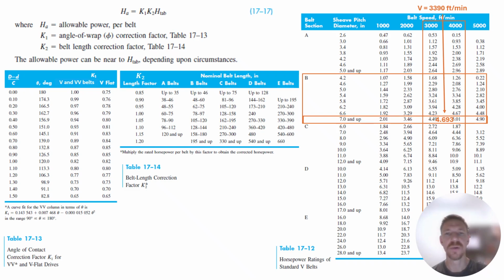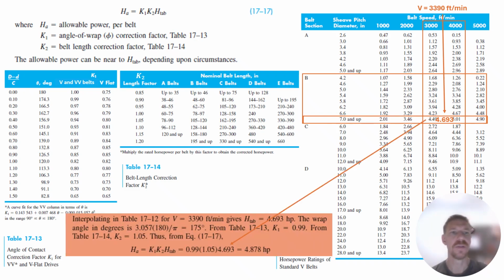Do that interpolation. Now we're ready to obtain the value for K2, the belt length correction factor, from table 17-14. Now you've got to watch out on this table because it's organized differently than table 17-12 that we just got done with for the horsepower ratings for the different V belts. Look at table 17-12: different types of belts, A, B, C, D, E, are arranged horizontally.